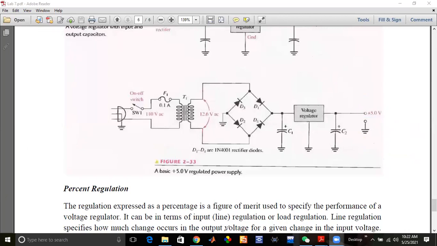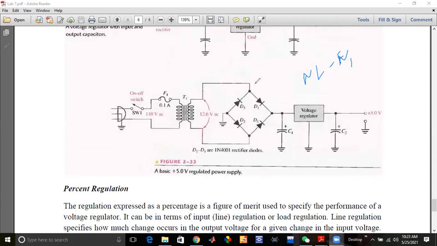Okay, so there are two operations, no load operation and full load operation, and you will study these no load and full load operations for other components, appliances or devices in your whole degree.